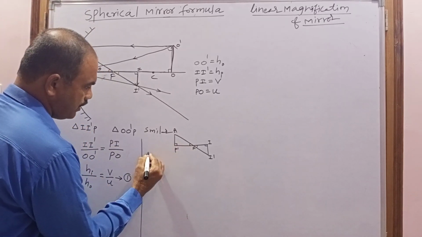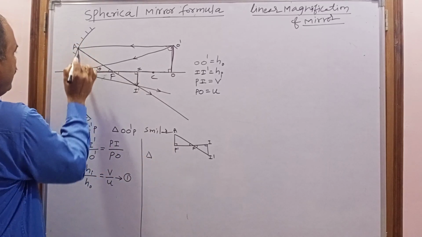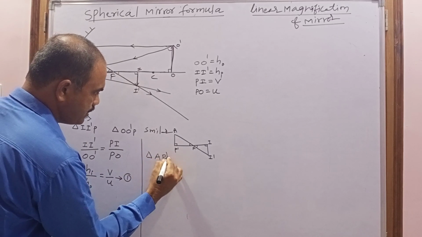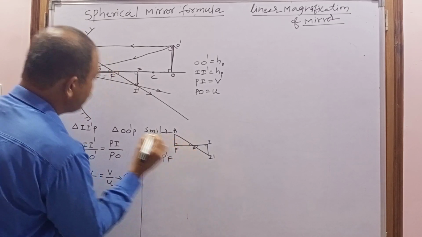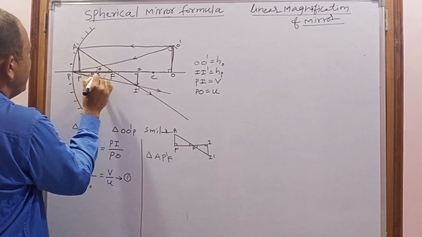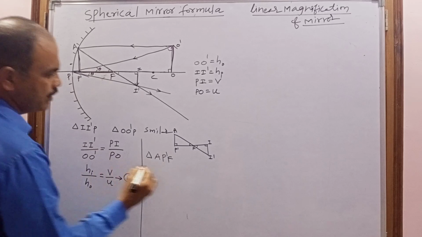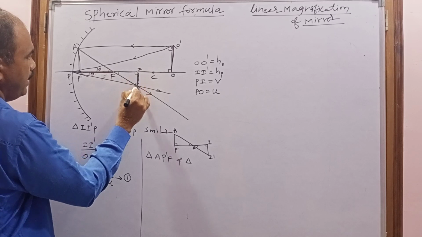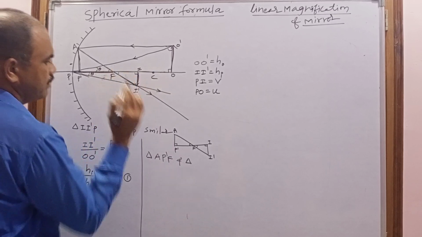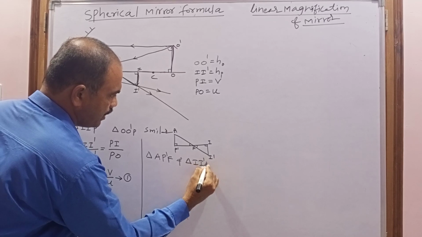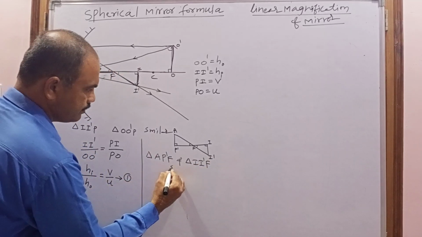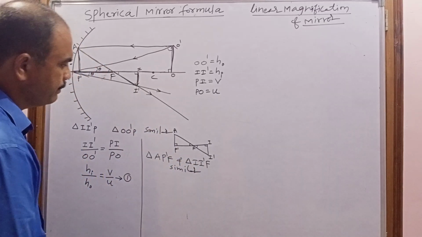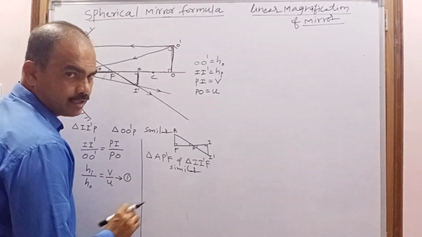Now what are these two triangles? Triangle A P dash F, this one, and the next triangle I dash F are similar. So the corresponding sides are proportional.